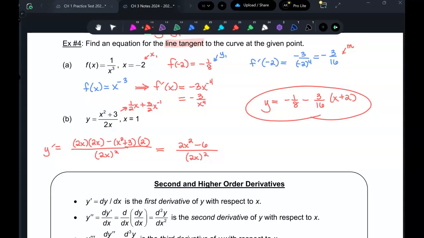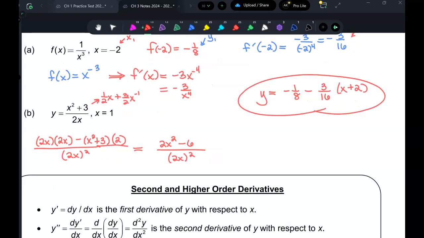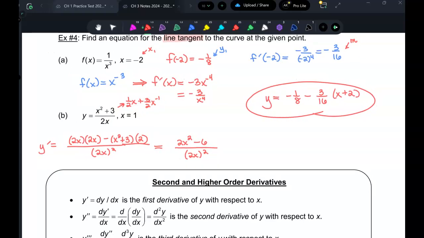I want to just plug in 1. Do I want to get into business with canceling stuff when I don't really need to? Isn't it really easy just to plug in 1 at this point? Yeah. So I would do, okay, so I'm running out of room here. Let's do y prime of 1.